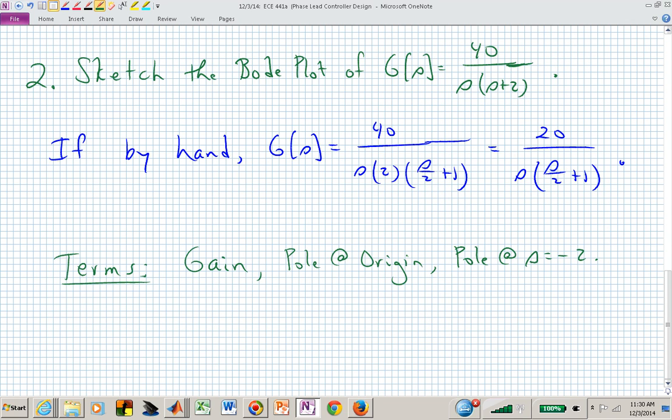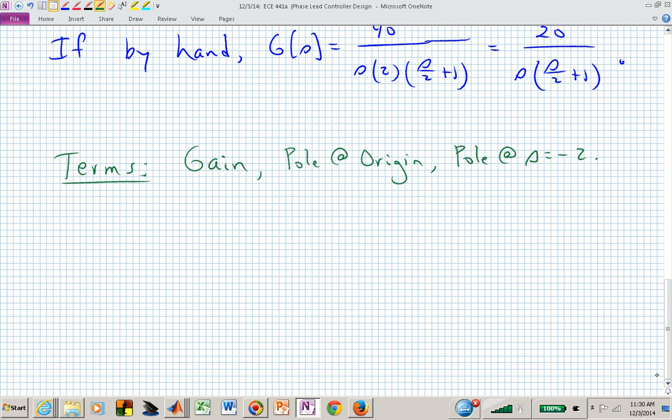We really just need to find where we pin that magnitude curve down, and we can do that by finding some gain, let's say in dB, at a low enough frequency before we start breaking. So we just need to go less than omega equal 2 to find this.